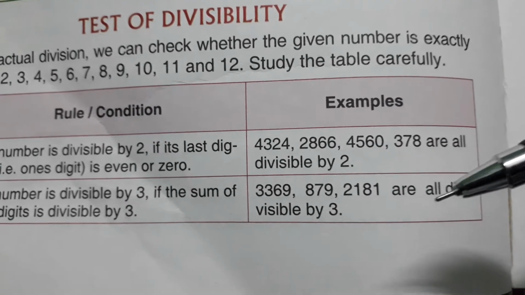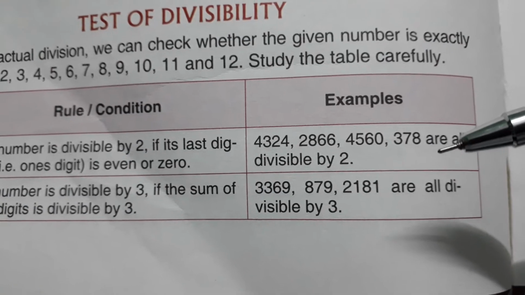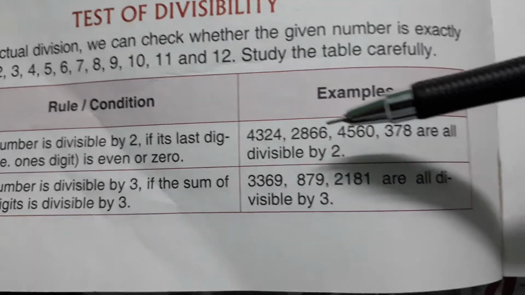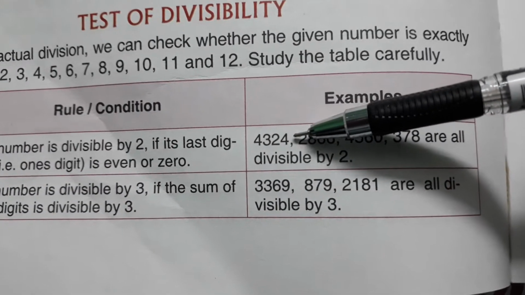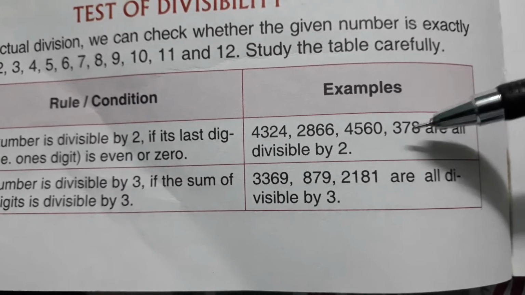You know even numbers 2, 4, 6, 8, all multiples of 2 are even numbers. So here 4 is an even number, and here the last digit 6 is an even number.